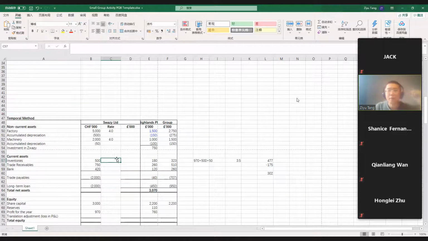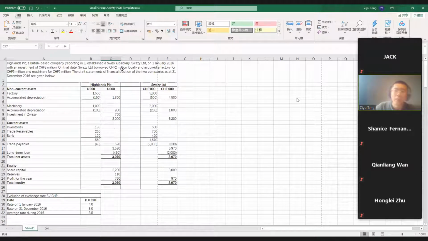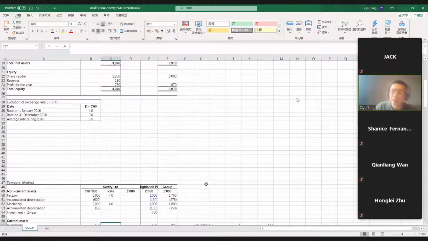Because for the factory, it's very simple. It tells you that the factory cost 5 million and was bought on the 1st January 2016, and we know the historical rate on that day is 4, right? But we don't know on what date we bought our inventory and what the exchange rate was on that day.